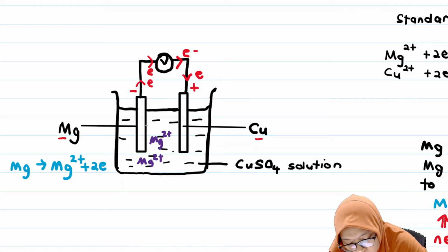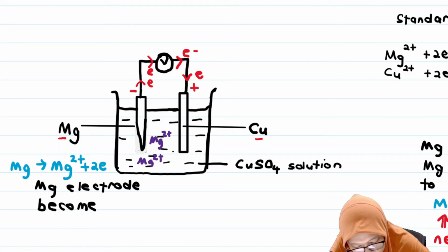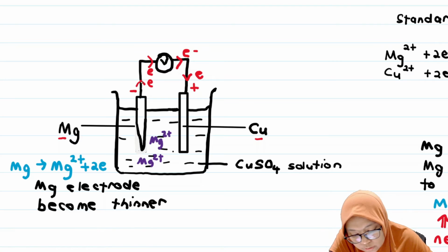The electrode will become thinner, because from atom, the electrode will form an ion. So we'll find that the electrode for magnesium becomes thinner. After the electrons are transferred to the copper electrode, you must look at what is the ion that will accept the electrons released by the magnesium atom.